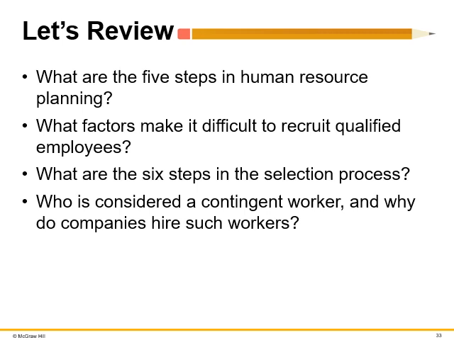Some factors that make it difficult to recruit qualified employees include organizational policies that demand promotions from within, unions, regulations, and low wages. The 6 steps in the selection process are: 1, obtaining a complete application form; 2, conducting initial and follow-up interviews; 3, giving employment tests; 4, conducting background investigations; 5, obtaining results from physical exams; and 6, establishing a trial period.